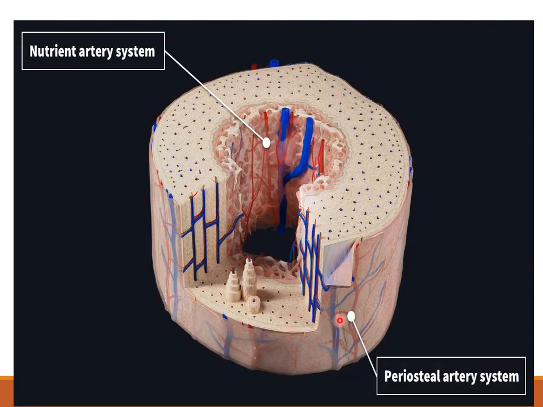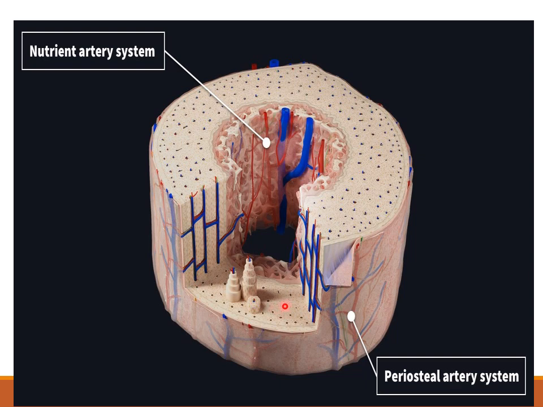Here again is a very beautiful picture showing you the area of supply. This is the periosteal vessel, and you can see it entering into the Volkmann canals. Now I hope from these pictures you are also clear about the osteons or Haversian systems, which are cylindrical structures making up the bony cortex, and they are the compact bone.